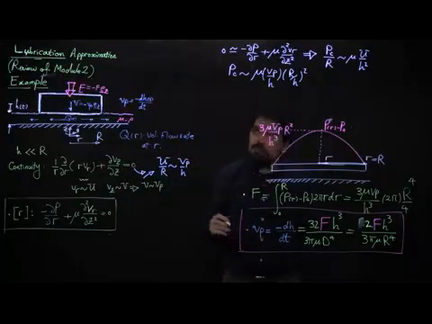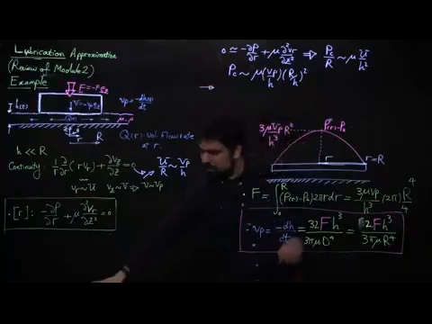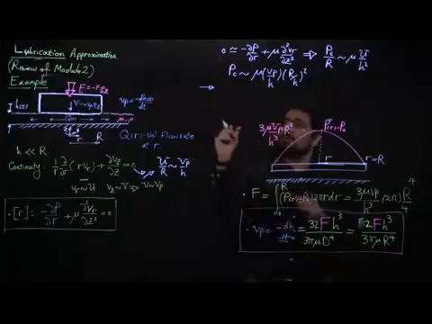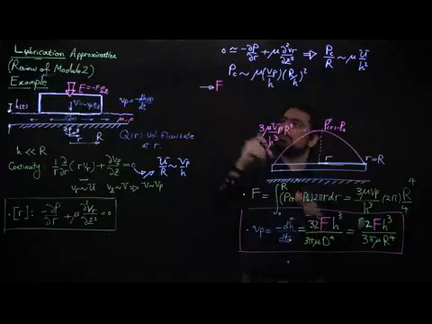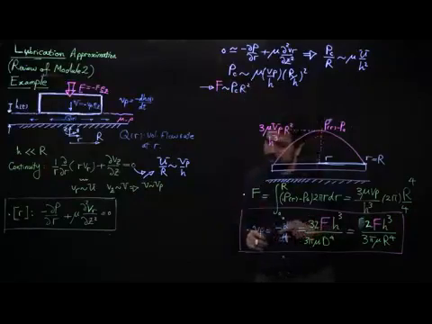If we have that, then we can easily find the scale for force, because if you think about the force, that scales as the characteristic pressure multiplied by area, so that goes as Pc multiplied by r squared.